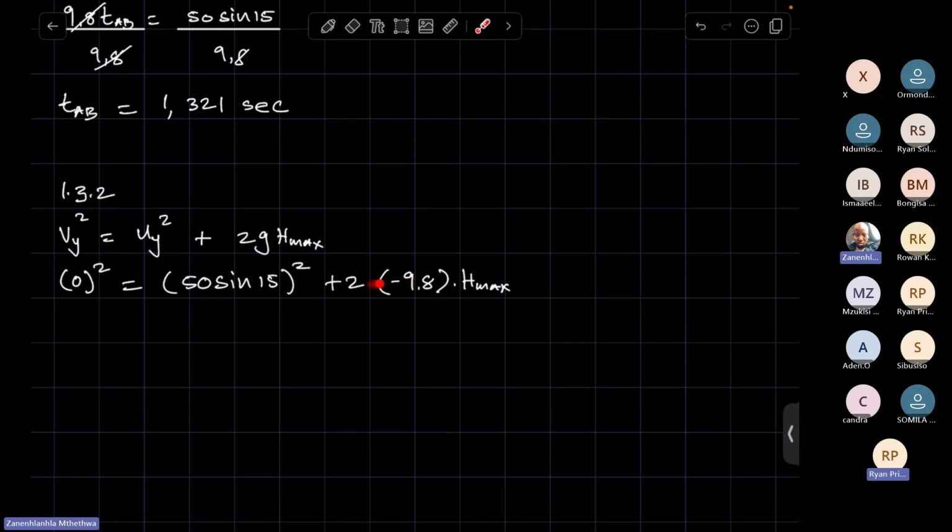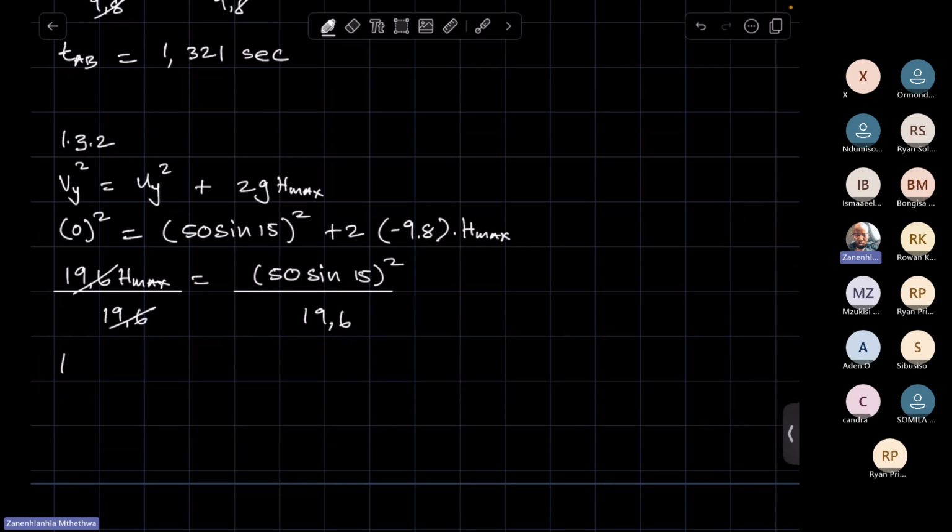The 19,6 is going to be negative on this side, so when you transpose it, it will become positive. So this side you'll have 19,6 H max is equal to 50 sine 15 all squared. Because you're looking for H, we divide both sides by the 19,6.